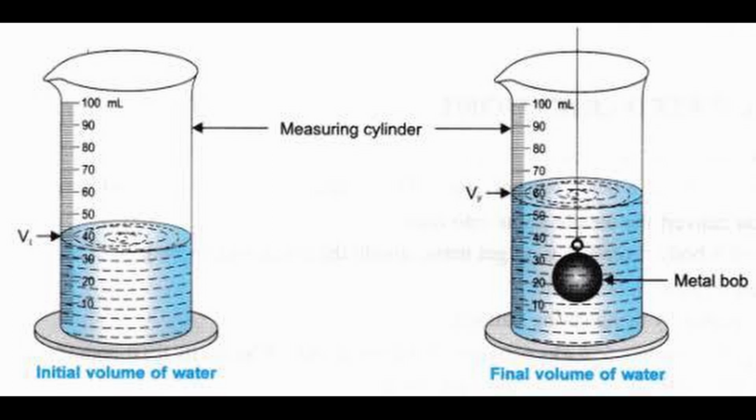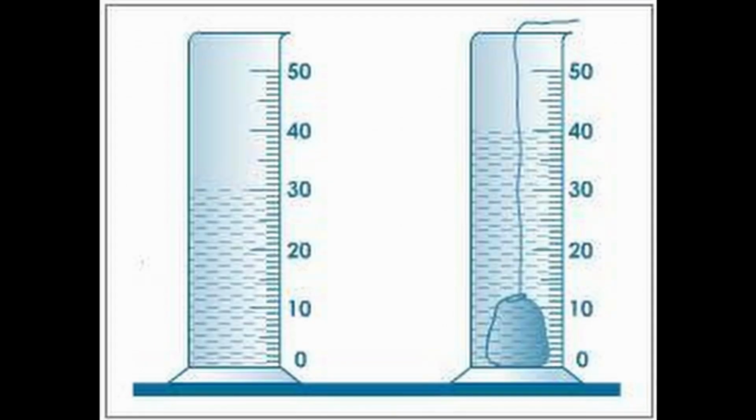Now, to find the volume, we'll take a measuring cylinder and we'll pour in it some water. We will record the volume of the water from the graduations marked on the measuring cylinder.